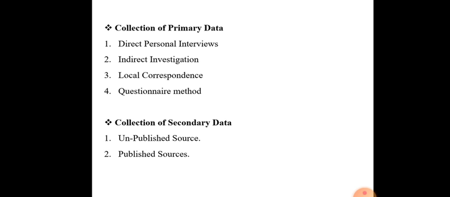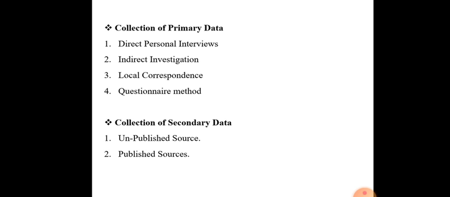Unpublished sources means that not all the data collected is published. Statistical data like records kept in government or semi-government offices, private offices, and research works are examples of unpublished sources. Such data can be made use of by investigators whenever necessary. So this is about the unpublished sources.